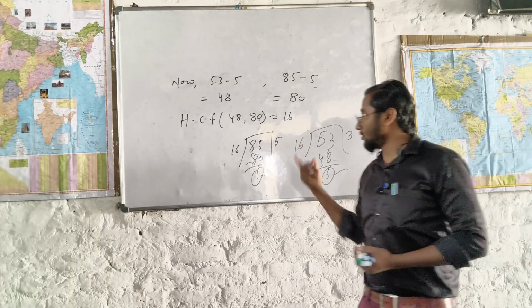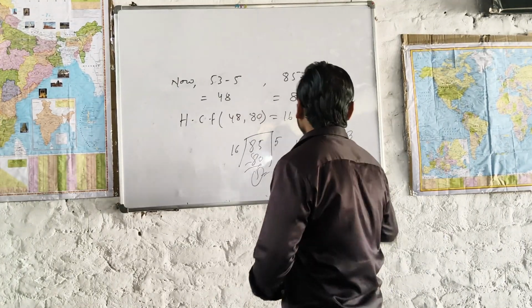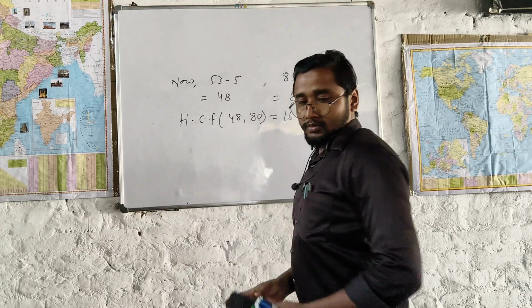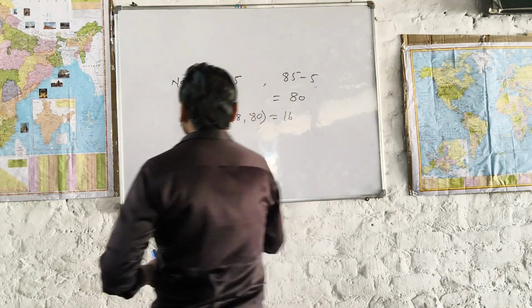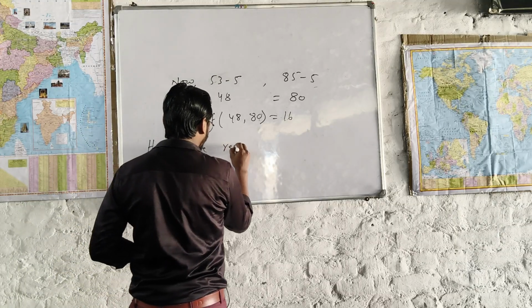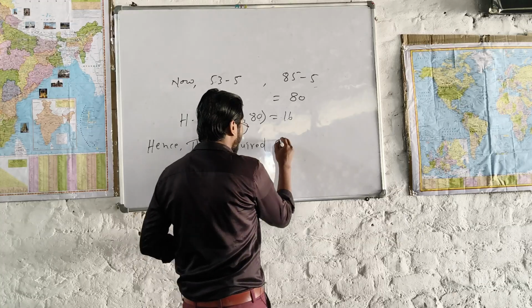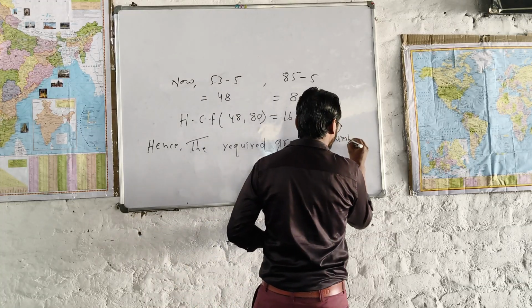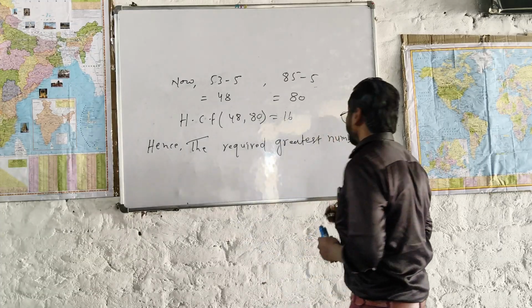Let's just close. So guys, the required greatest number is, so here in this time you will say, hence the required greatest number equal to 16.